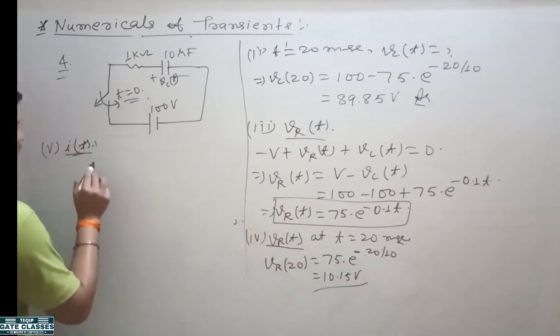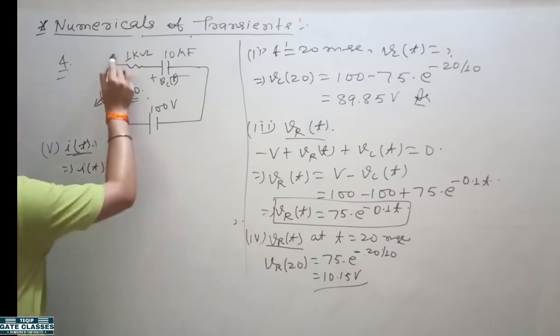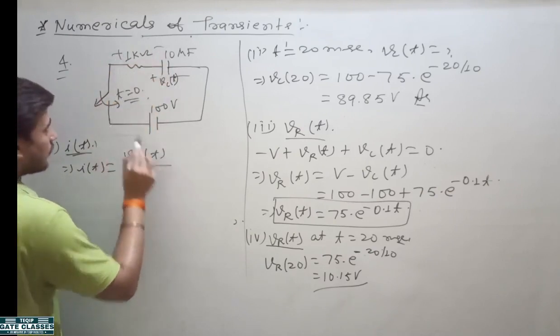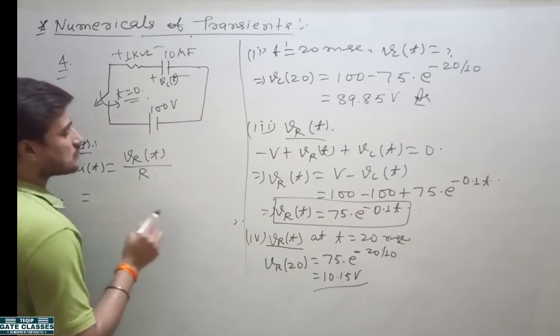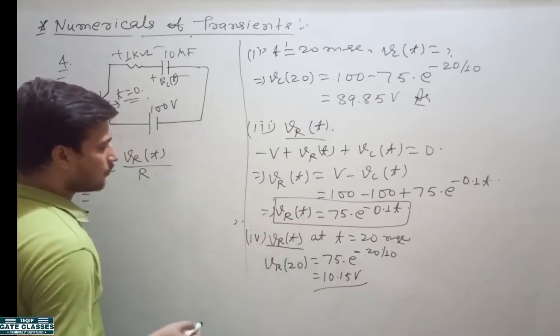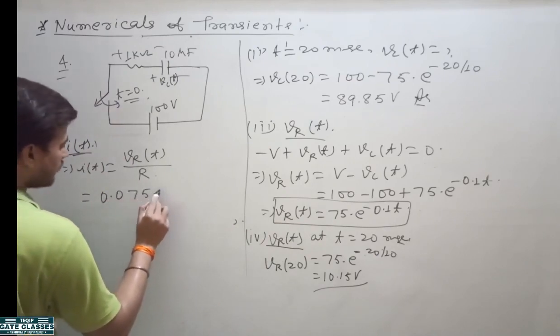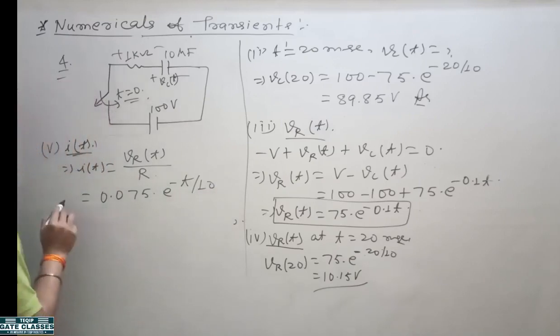So i(t) will be equal to the voltage across this resistor VR(t) divided by R. That means you will divide by 1000. So here the answer will be 0.075 into e to the power minus t by 10, where t is in millisecond. So this is the expression for current.